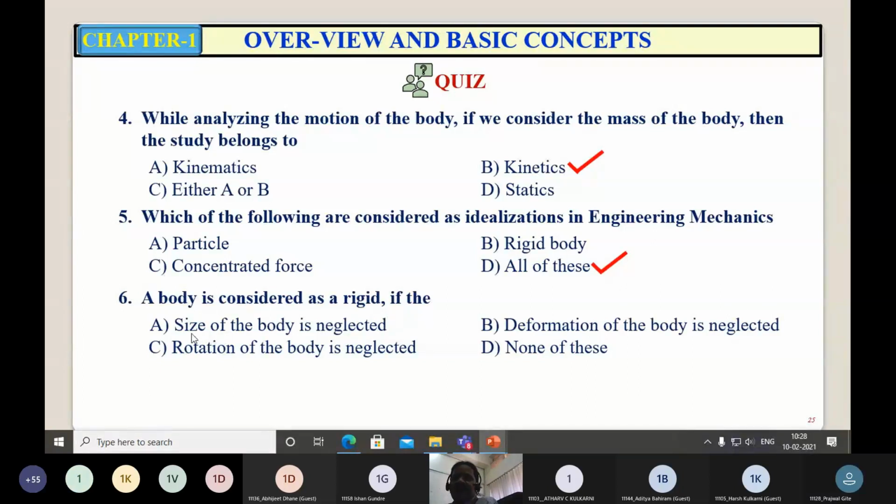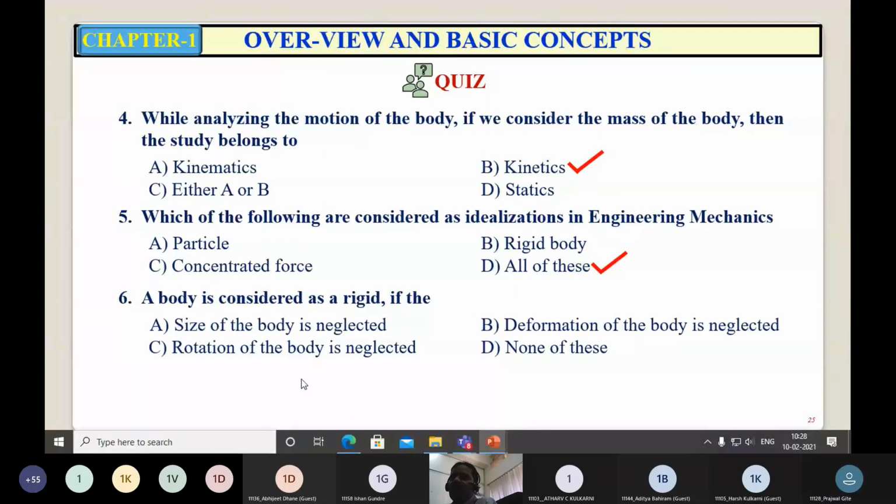Because if the size of the body is neglected, we will treat that as a particle. So also, if the rotation of the body is neglected, it becomes a particle. Because in a particle, the size being neglected, whatever the forces are acting, all those forces will pass through a point, right? Then that point or particle will have only translation.